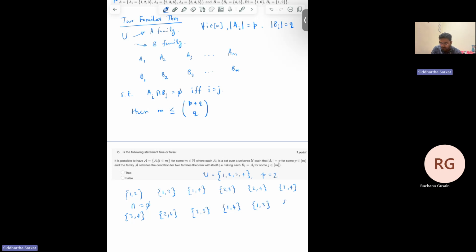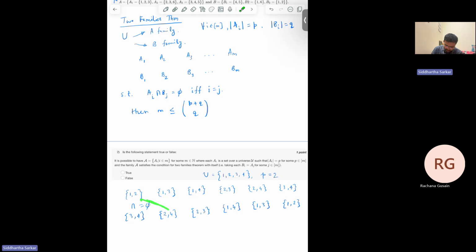And the complement of 3, 4 is 1, 2. Now we are sure that Ai intersection Bi is empty in all these cases. So all we have to check is that Ai intersection Bj is non-empty whenever i is not equal to j. That's all we have to check.